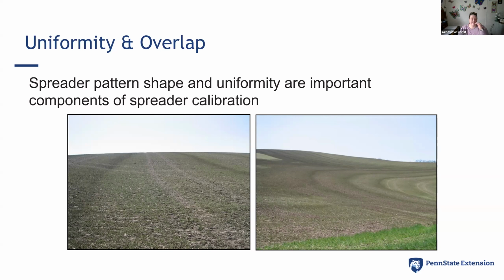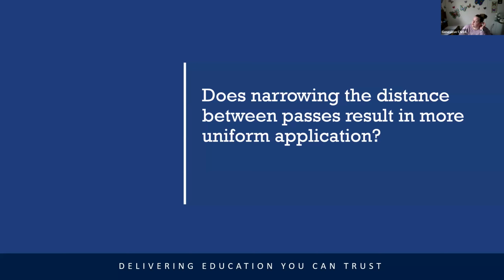So do you think narrowing the distance between passes will result in more uniform application of nutrients or less uniform application of nutrients? What do you think? I'm going to give my standard favorite answer that some of you probably have heard me say in the past: it depends, right?